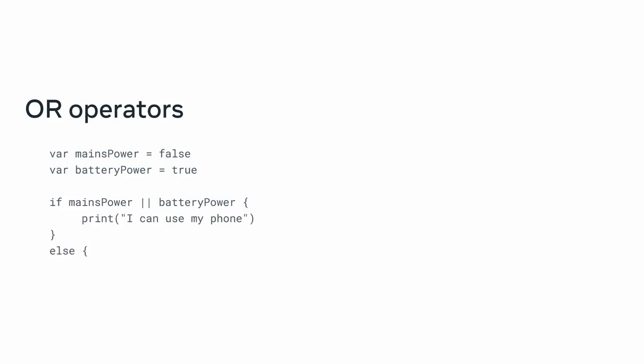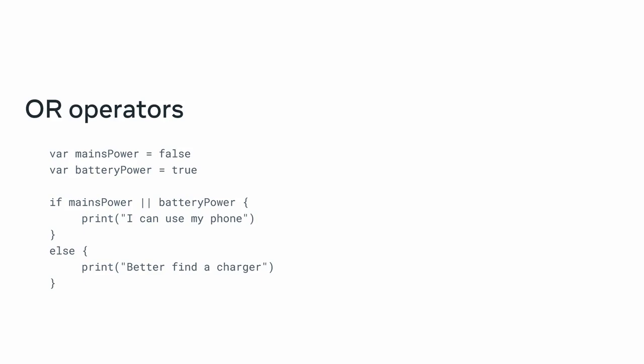Likewise, you can use the logical OR operator, which returns true if one of the sides of the expression returns true. For example, suppose you have 2 variables, mains power set to false and battery power set to true. You can use an if-else statement to print whether either you can use your device or better find a charger. The if statement checks if mains power or battery power, then I can use my phone.